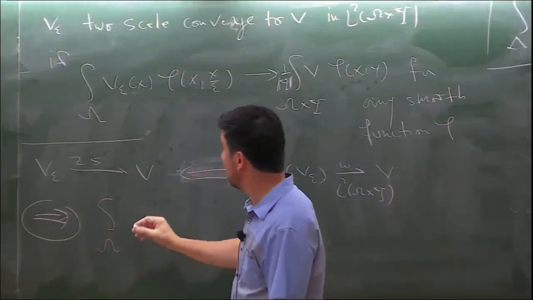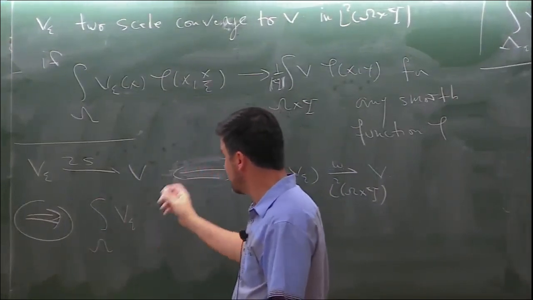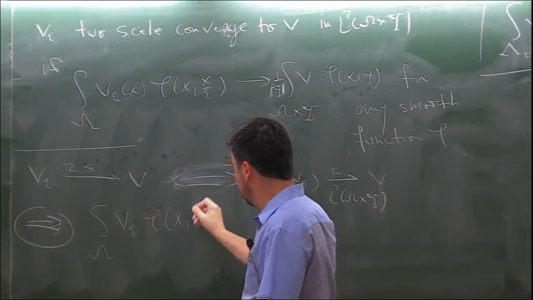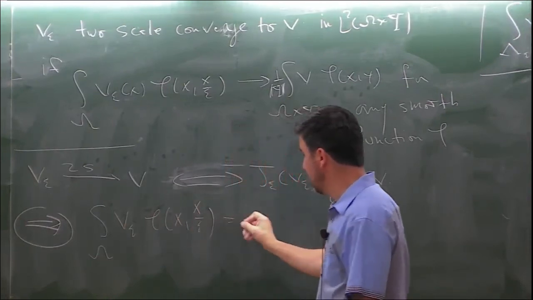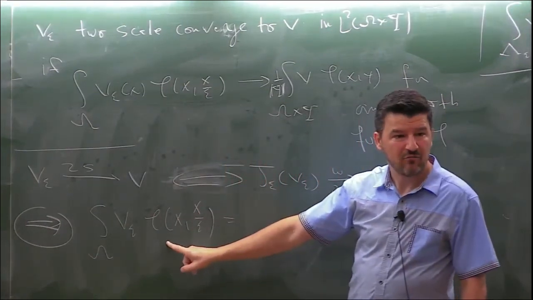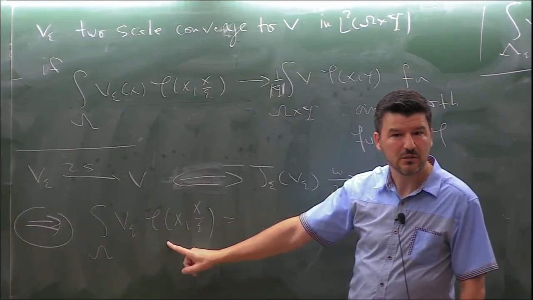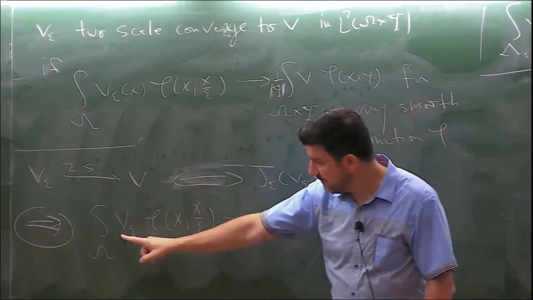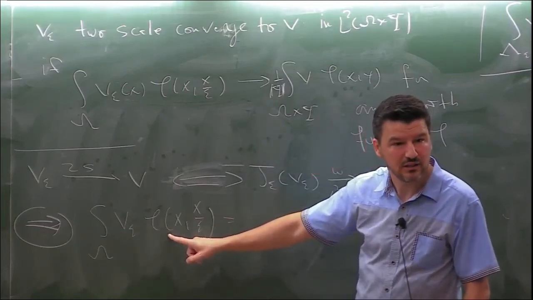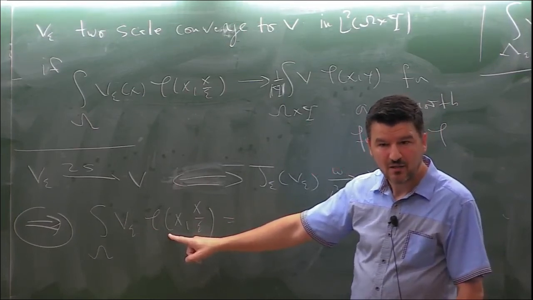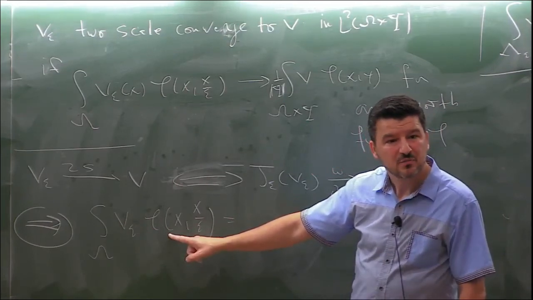And the other implication I would like you to think about; it is just a similar thing. So I assume I can apply the unfolding identity to this. Is it right to assume? Well, v epsilon times phi is smooth in omega, so it has compact support with respect to x.